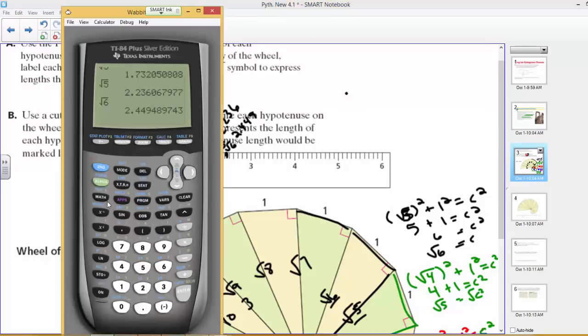And then we'll do square root of 7. Whoops. 2.645.